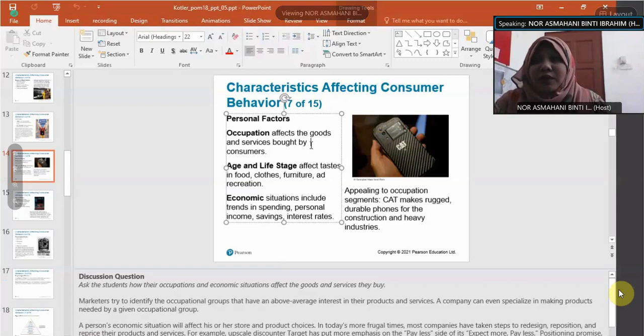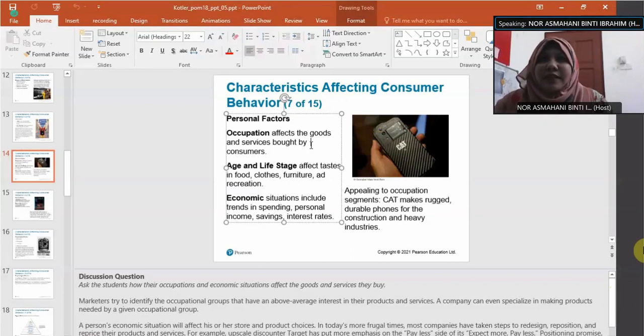Okay. Example, when you watch an American movie, you'll see many of the movies show that they drive, right? Americans, they drive a sedan car, right? Yang panjang tu, kereta apa tu saya tak tahu, right?